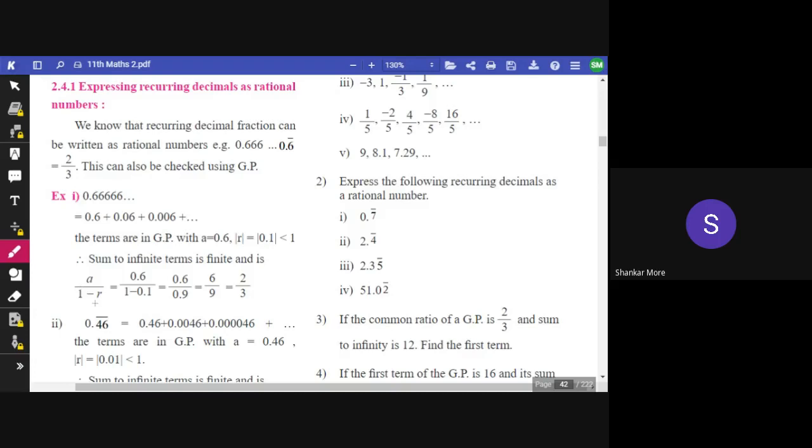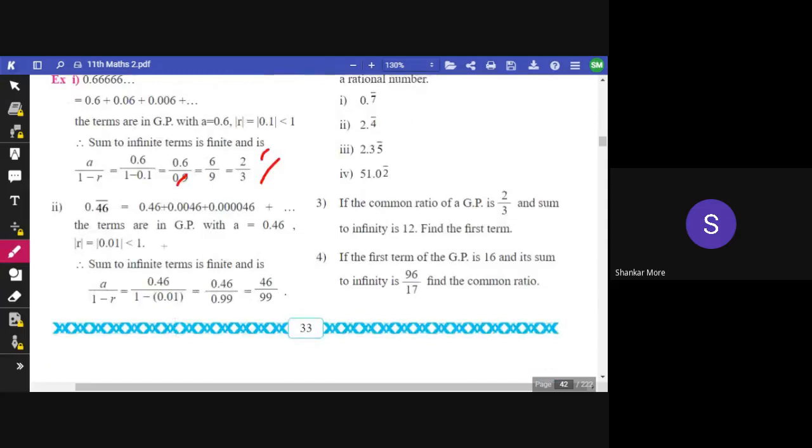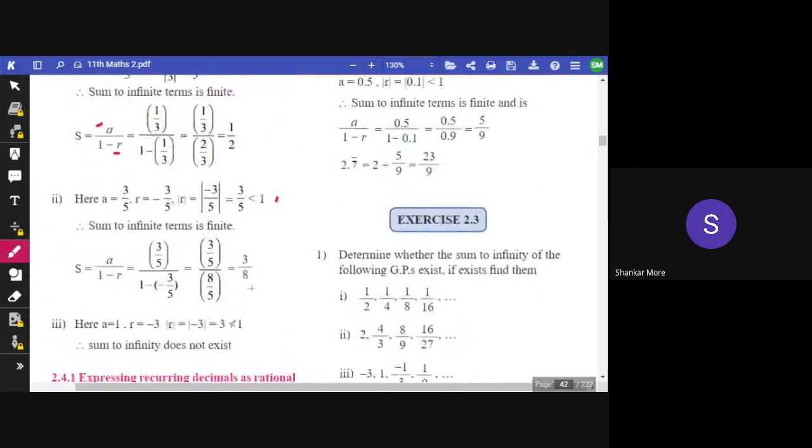This is the formula: a by 1 minus r, that is 0.6 divided by 1 minus 0.1, that is 0.6 divided by 0.9, which is 6 by 9, that is 2 by 3. So this is how we represent recurring decimals as a rational number. Similarly, you can apply the same process here also.